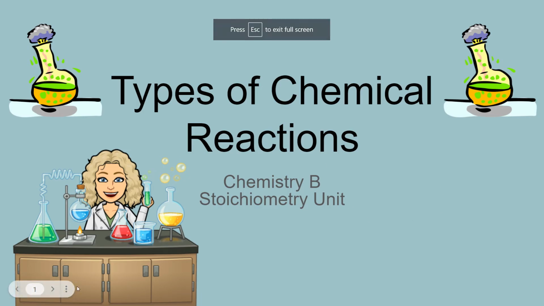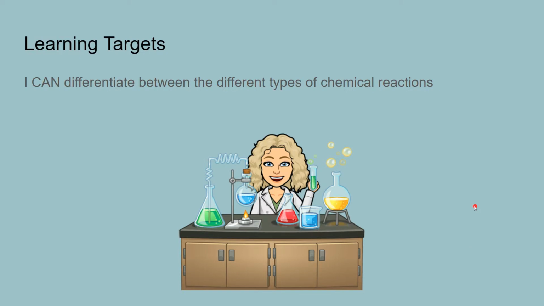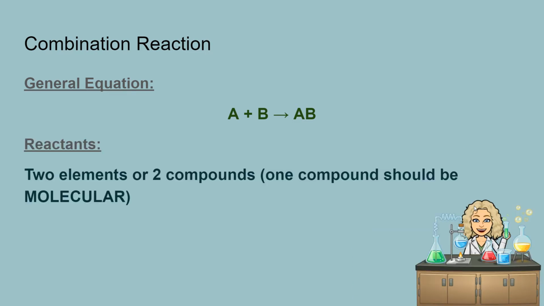All right, so types of chemical reactions. Your learning target for this set of notes is I can differentiate between the types of chemical reactions. The first reaction we have is called the combination reaction. The general equation for this is A plus B becomes AB, or thing 1 plus thing 2 becomes thing 1 and 2 combined together.